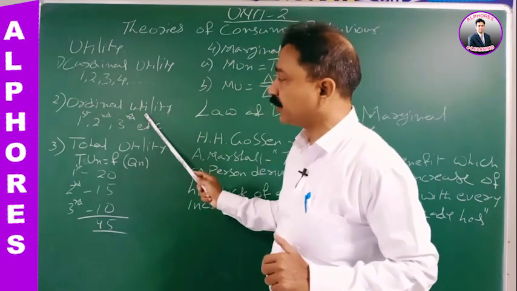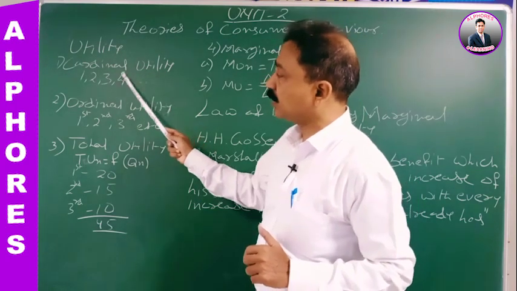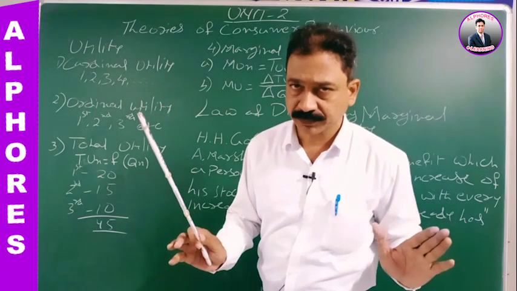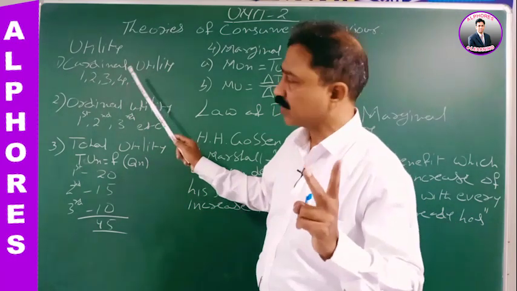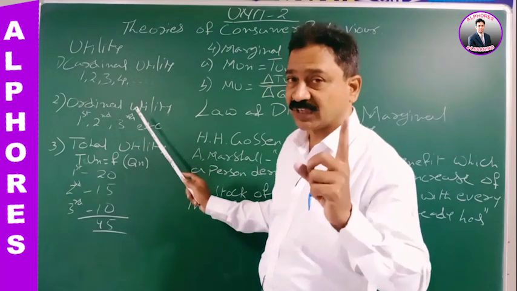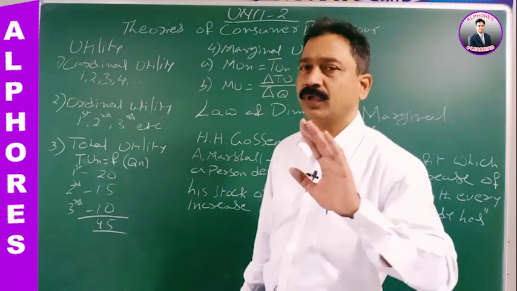Comparison is possible in ordinal utility. Measuring as well as comparison is used in the cardinal utility. Clear? Any more doubts? Cardinal utility serves 2 purposes: exact measurement and comparison. In ordinal utility, only one thing is possible: comparison. Any doubts? Hope it is clear.